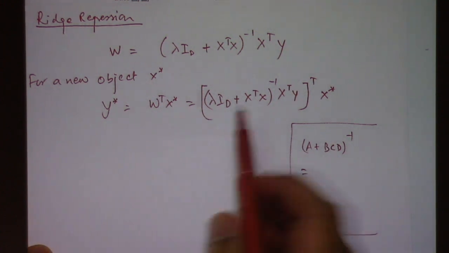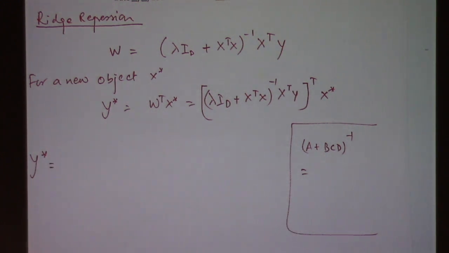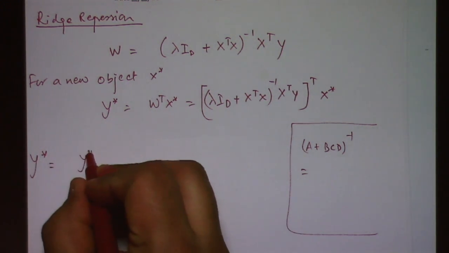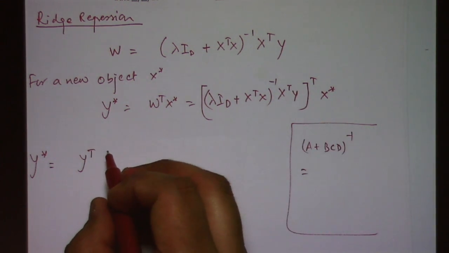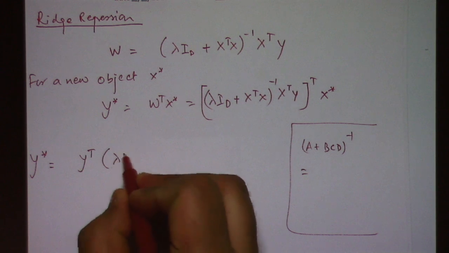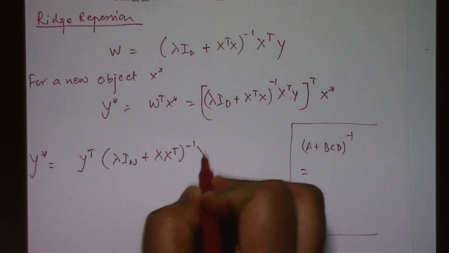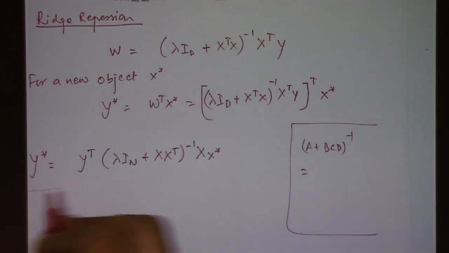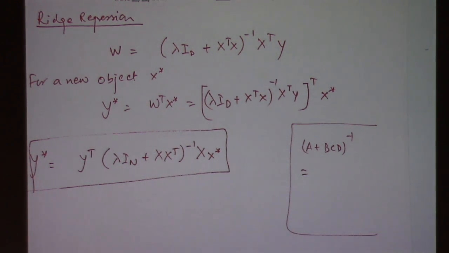But what I'm going to do is apply it here. If I apply it here, this y star will look like this. It will be Y transpose, well, actually Y transpose will come from here, times lambda I_N inverse. This is the same as this, just by applying the Sherman-Morrison-Woodbury formula, that's a long name, but this formula.